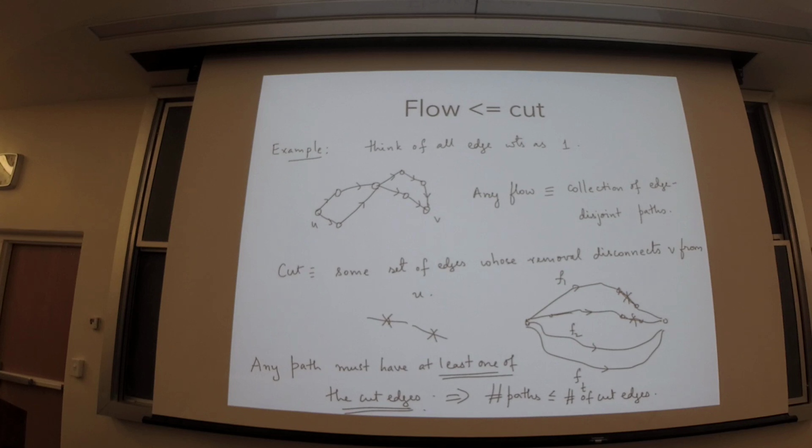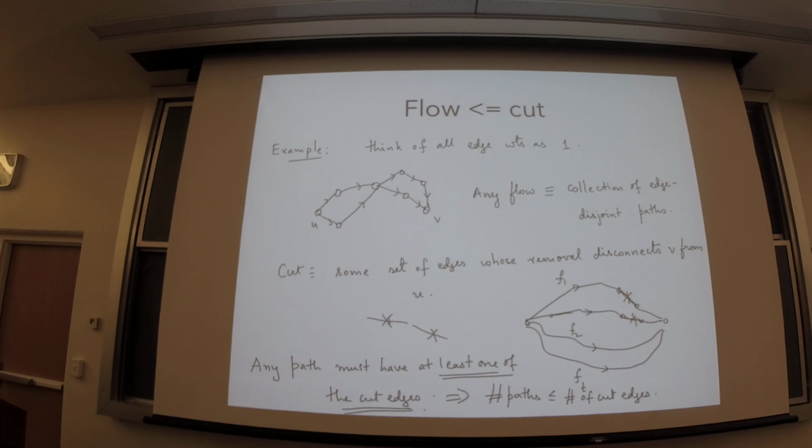The way I've defined them, the two problems have nothing to do with one another. A cut is just a set of edges whose removal disconnects V from U, leaving no path from U to V. And the value of the cut is the sum of the weights. In this case, all edge weights are 1, so it's just the number of edges that you've chosen.